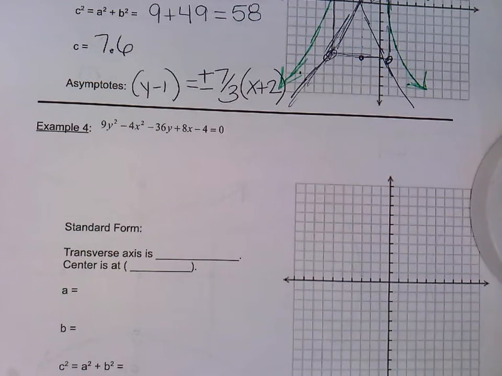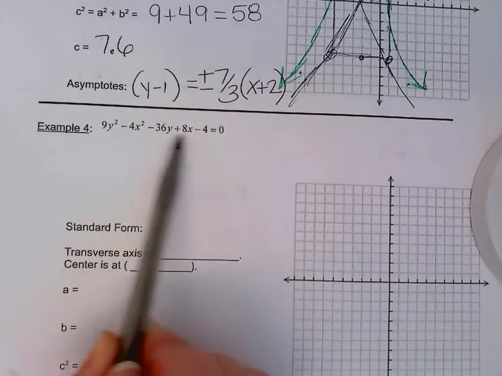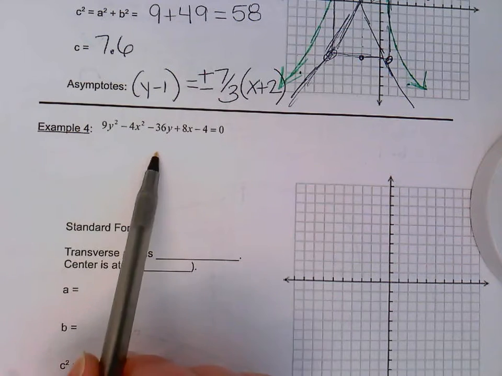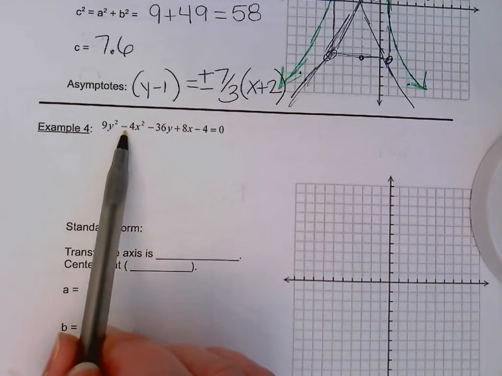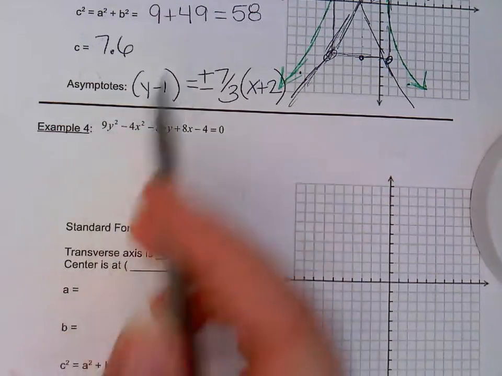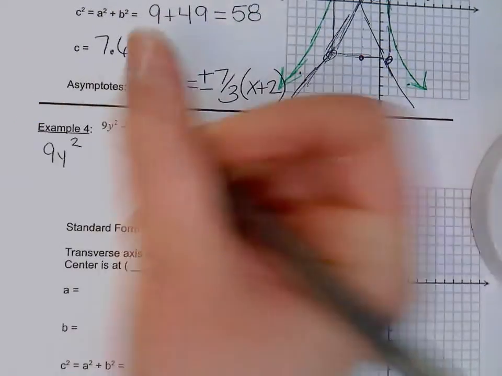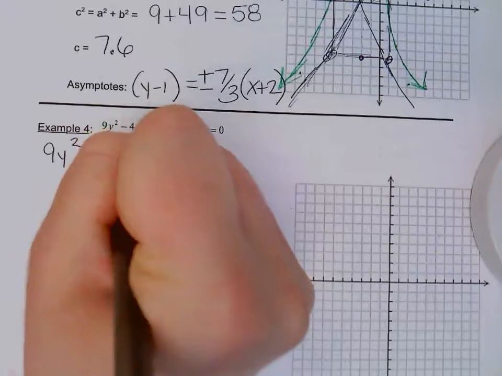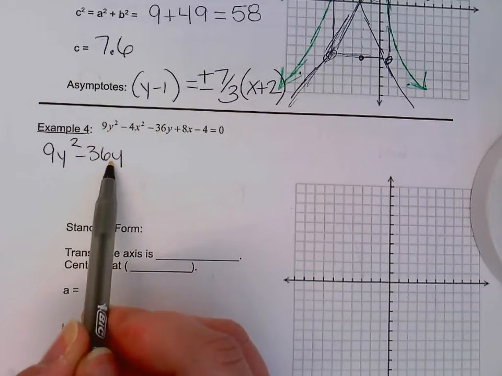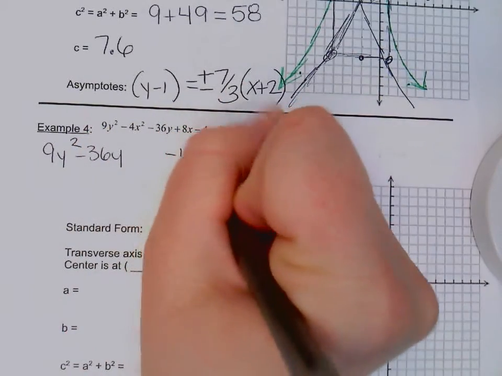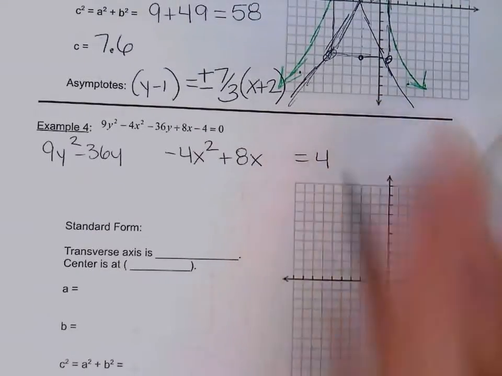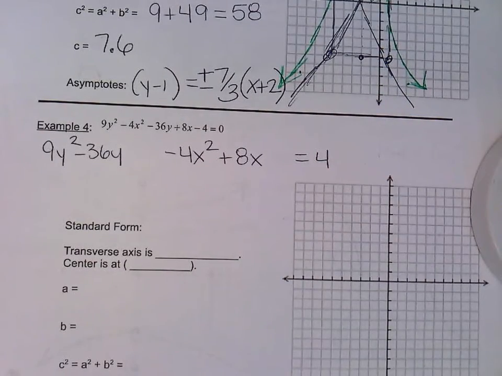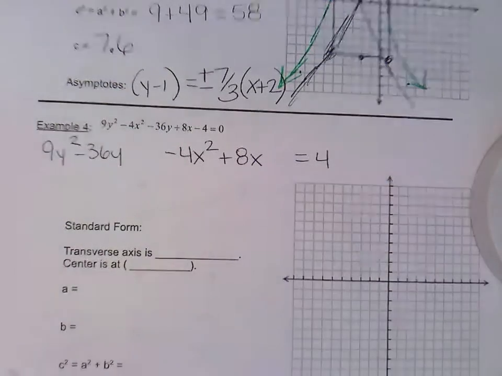So you've got to complete the square here. So let's just go through completing the square together. See how the 9y squared is kind of coming first and then the minus 4x squared? That's your cue to put the y squared stuff first. So 9y squared minus 36y minus 4x squared plus 8x equals positive 4. I moved the 4 to the other side.